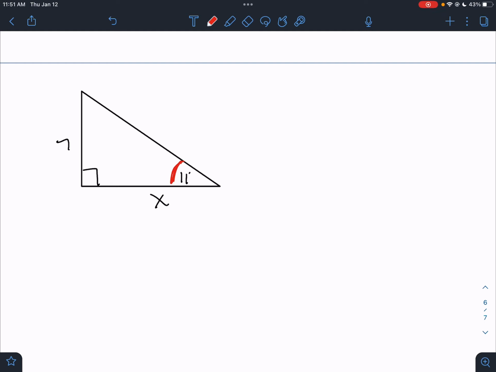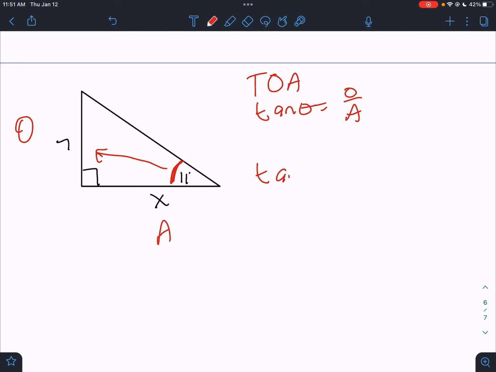How do the two sides relate? The side we have is opposite. The side we want is adjacent. What is the OA part of the saying Sohcahtoa? It is the tangent of the angle equals opposite over adjacent. So the tangent of the 11-degree angle equals opposite 7 over adjacent x.